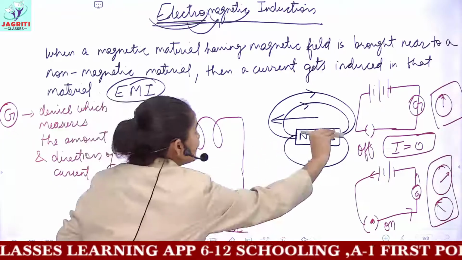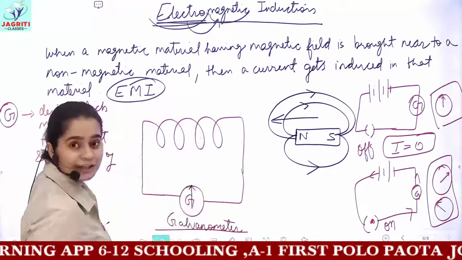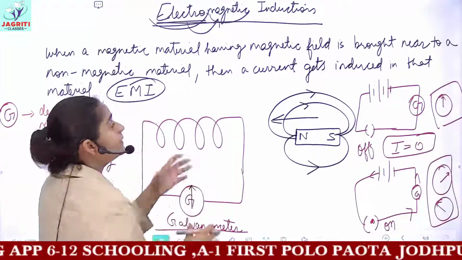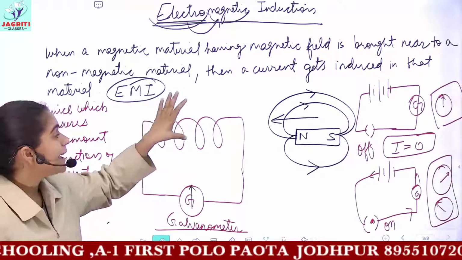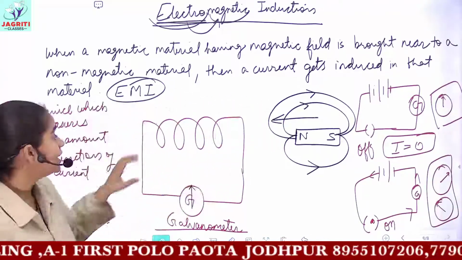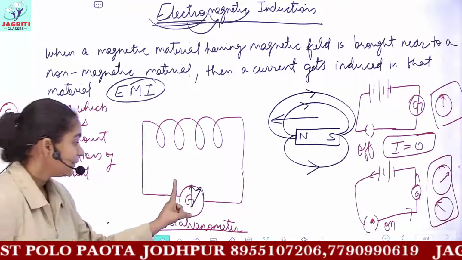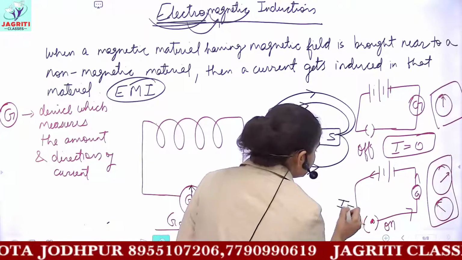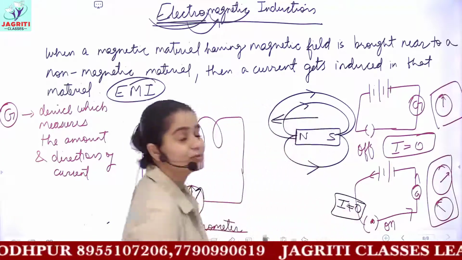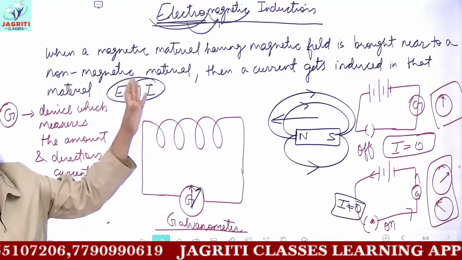But when this magnet is approaching the coil, this magnetic field also enters inside the coil, and hence we say that magnetic field inside the coil gets changed. And when magnetic field inside the coil gets changed, then this galvanometer shows a deflection. And the deflection in galvanometer means now the current is not 0, that is some amount of current is produced here, and this effect is called electromagnetic induction.